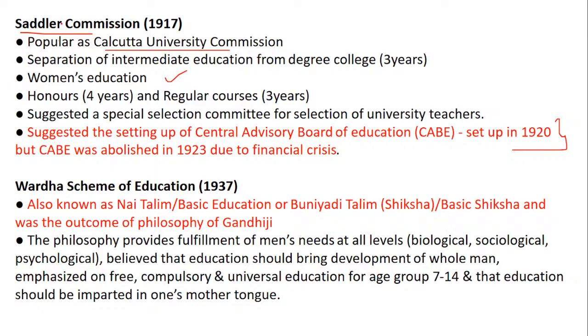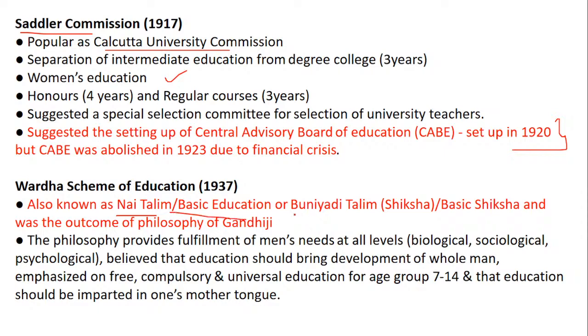Then coming to your next, the Wardha scheme. We have studied this very well and we have seen questions also properly. Wardha scheme of education is also known as Nai Talim, and on this there were a lot of questions in previous year questions.